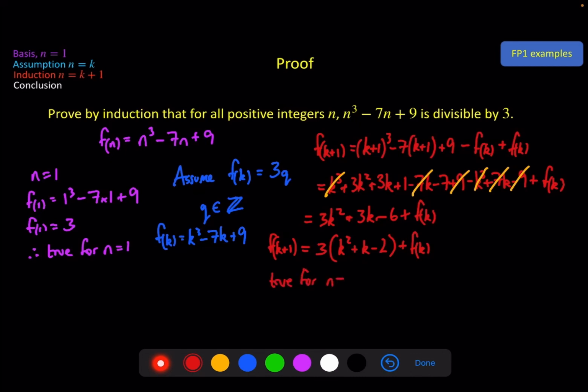True for n equals k plus 1, if it's true for n equals k. And that, together with our basis step, knowing it's true for n equals 1, tells us it must be true for all natural numbers.